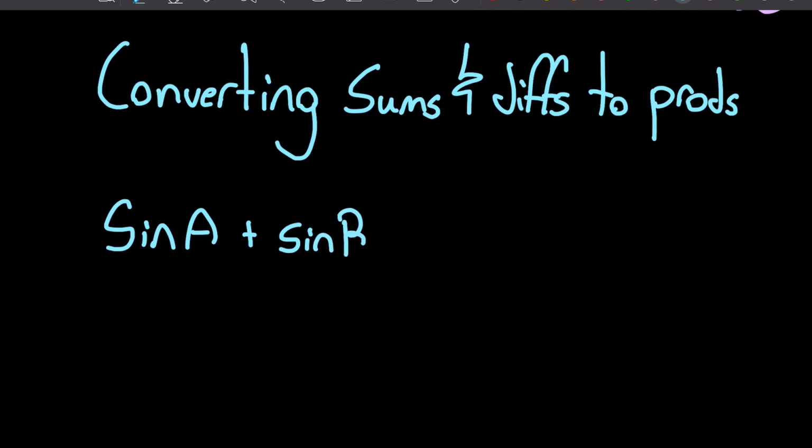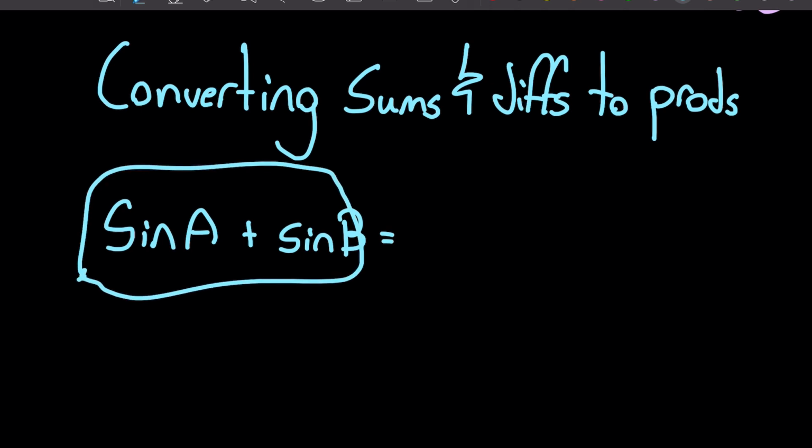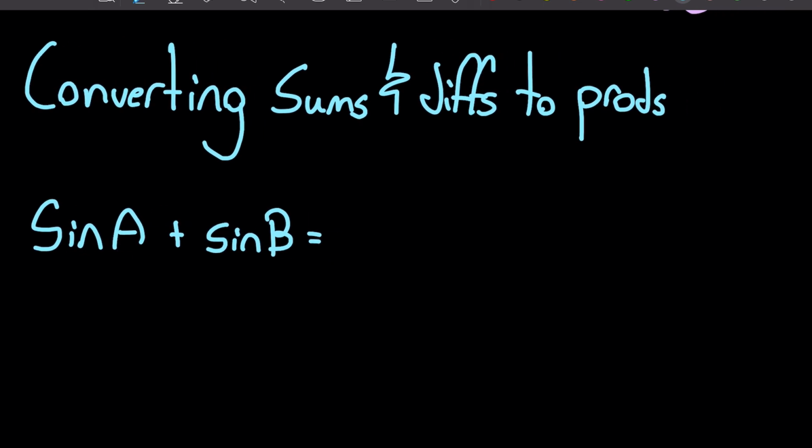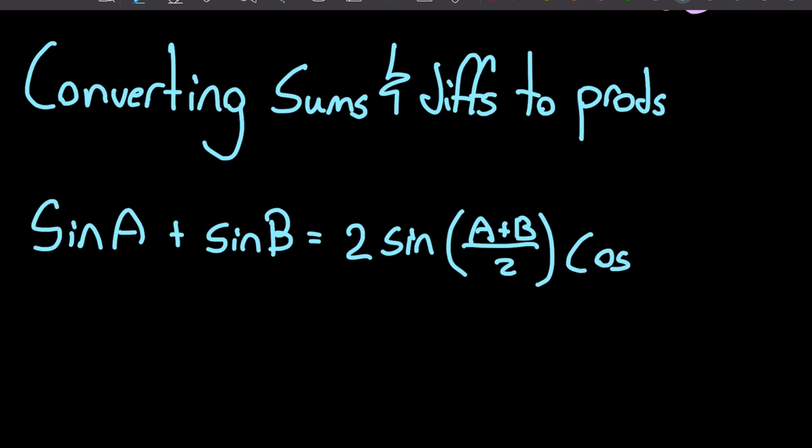we're going to try to convert this sum into a product. I'm going to give you the formula: sine A plus sine B is equal to 2 sine of A plus B over 2 times cos of A minus B over 2. That's converting this sum to a product.